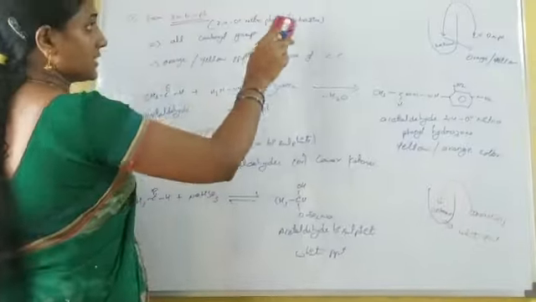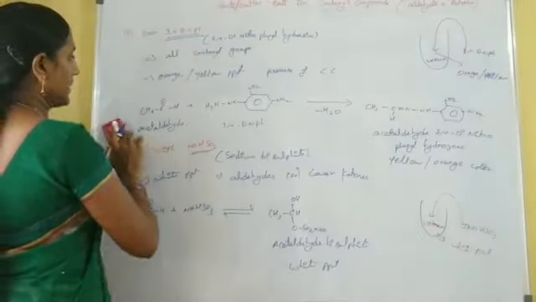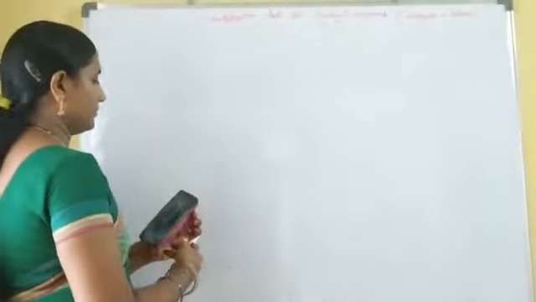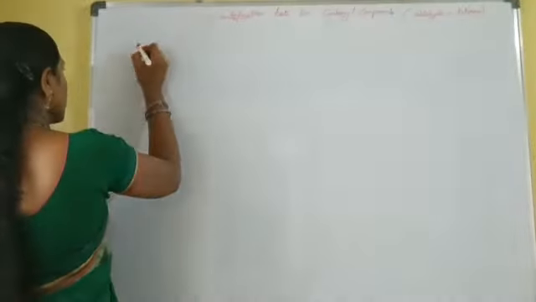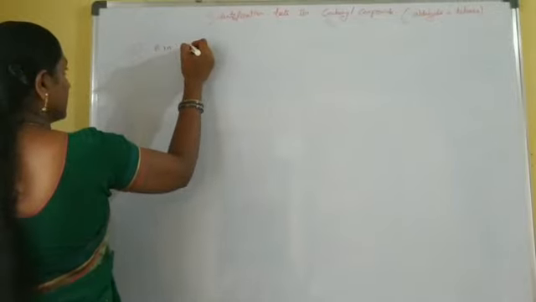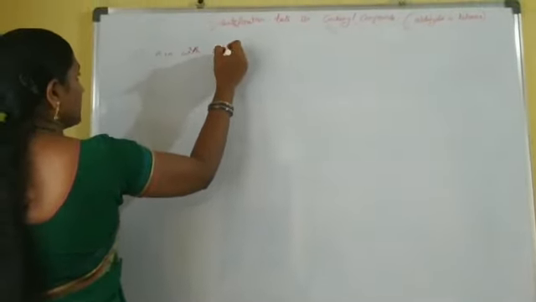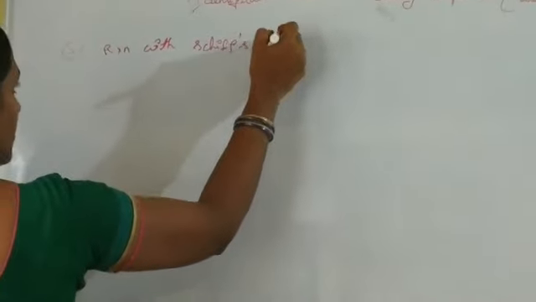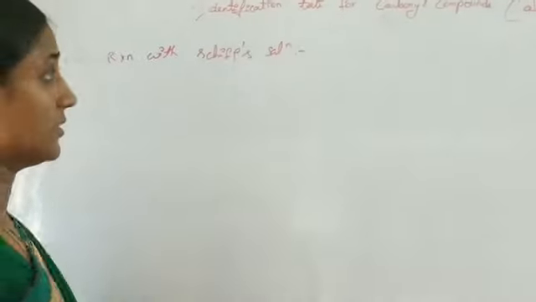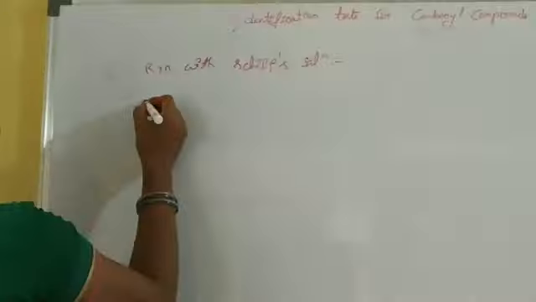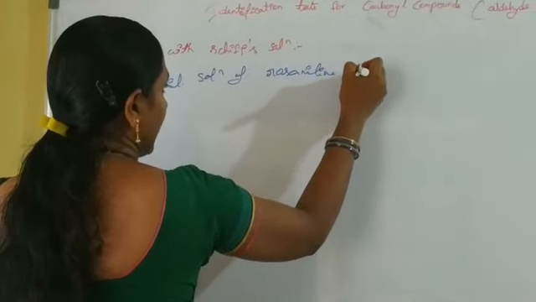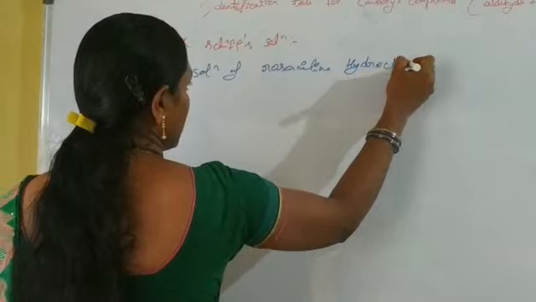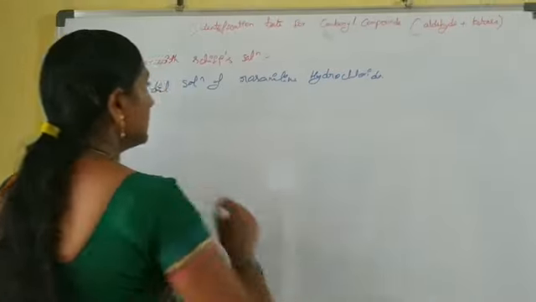Another identification test for carbonyl compounds is Schiff's test, the reaction with Schiff's solution. Schiff's solution is nothing but a diluted solution of rosaniline hydrochloride.